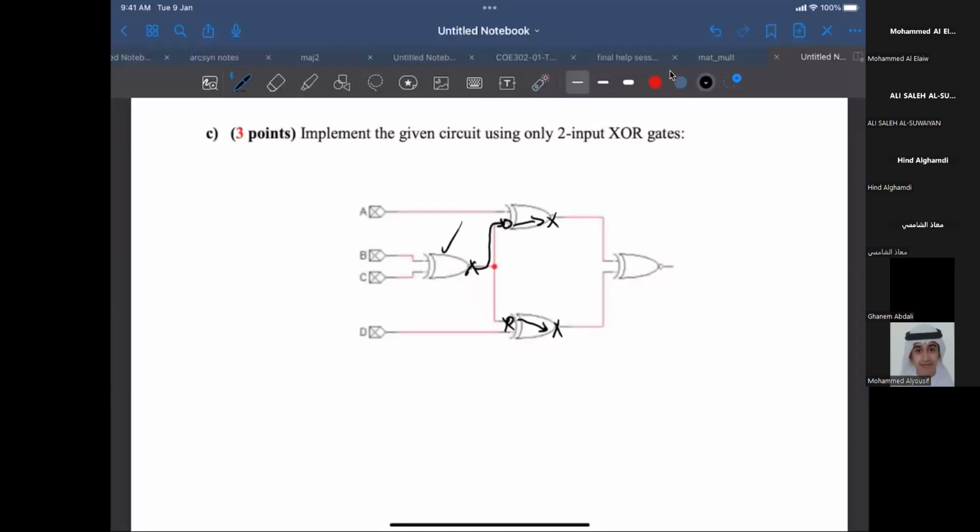Okay, in order to cancel this one, we need to add an inverter, right? And to add an inverter, we use XOR to implement that inverter by XORing with 1. Okay. However, this circuit is not what we call a minimum. It does not use a minimum number of XOR gates.